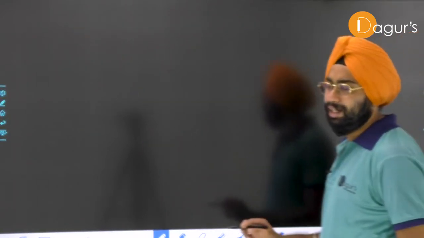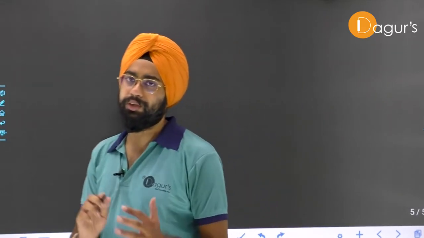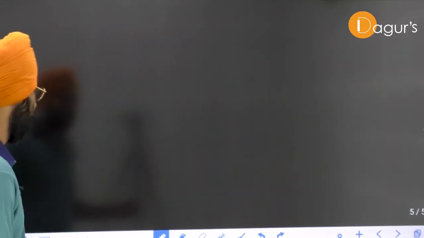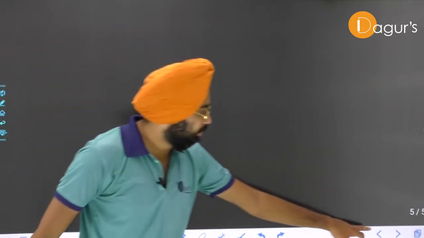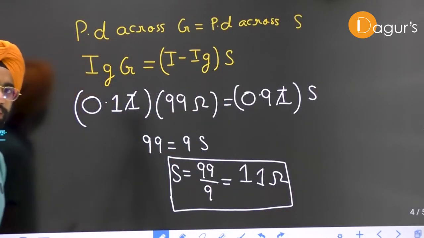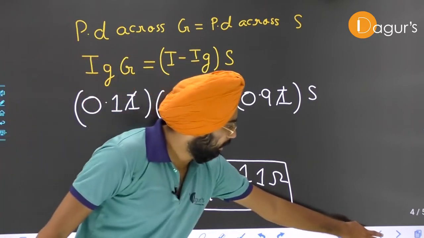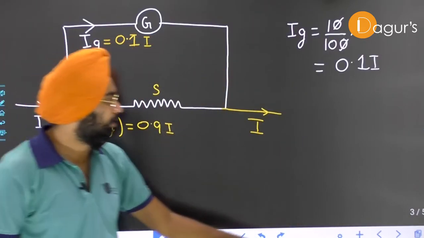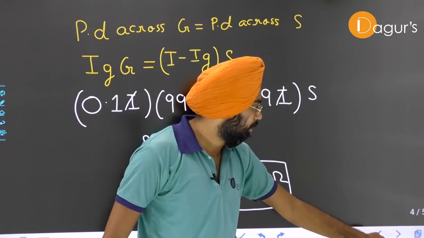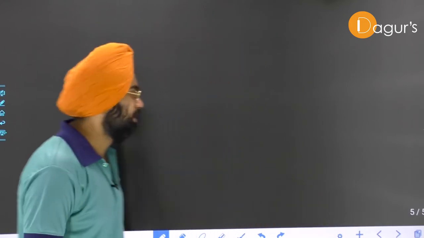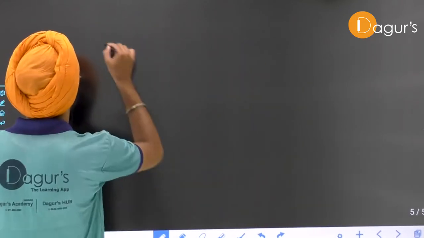Now, let us analyze the question once again. You can do this question once again on your own. You must try this question once again by yourself, and then you can jump to our conclusion or analysis of this question.